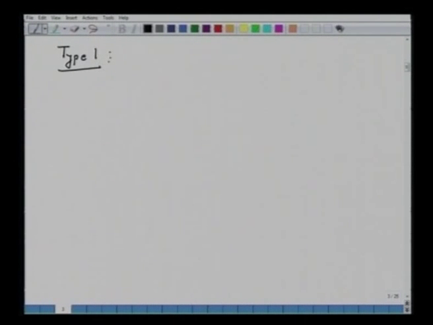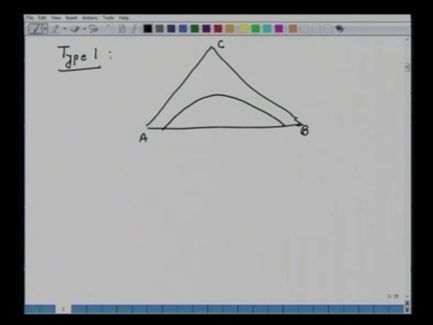So we have a type 1 system. Let us redraw this equilateral triangle, which is the graphical representation of a three component system. And we are saying that now we have this phase diagram.